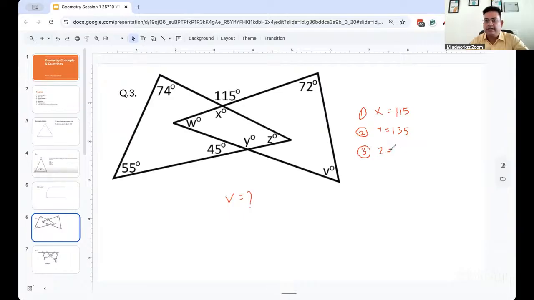Or you can write Z plus 74 plus 55 is equal to 180.